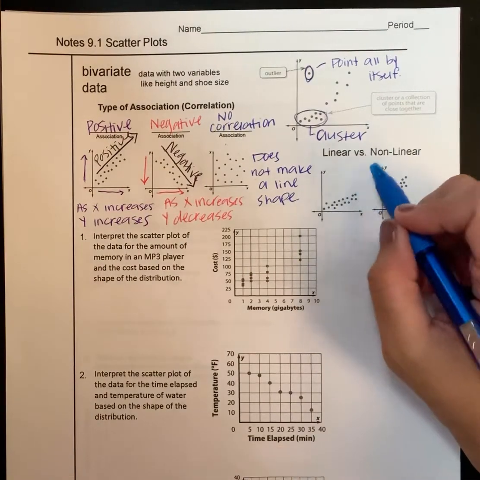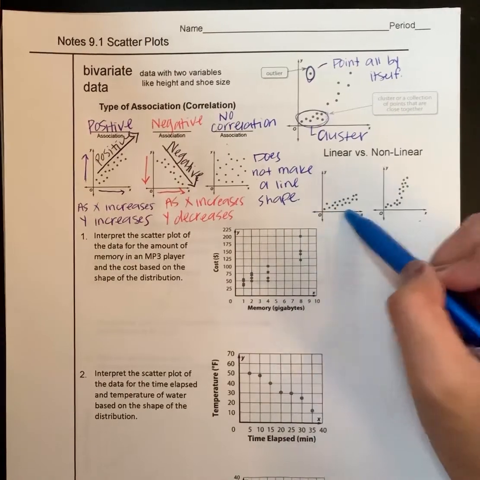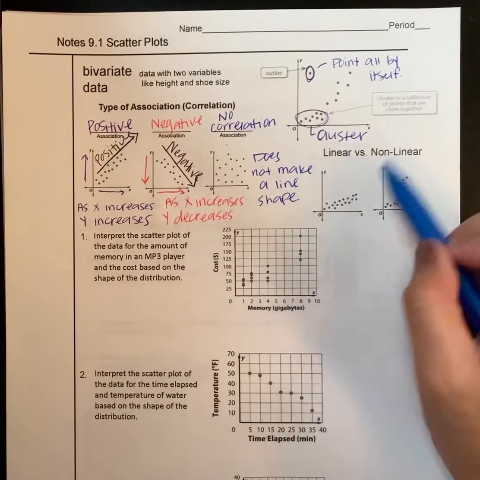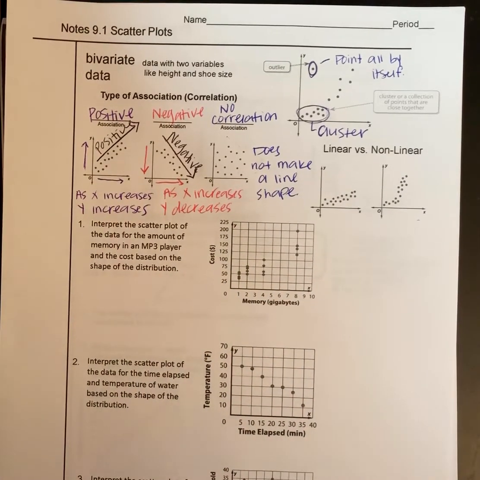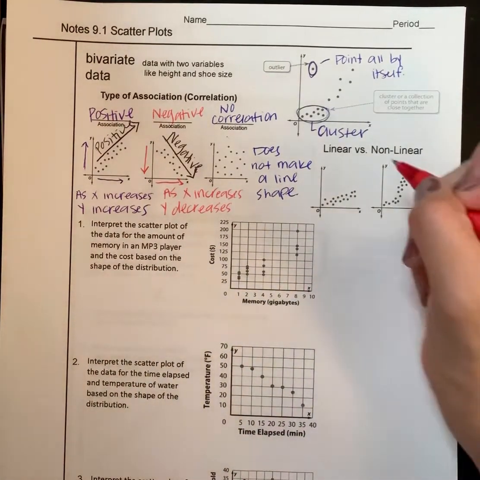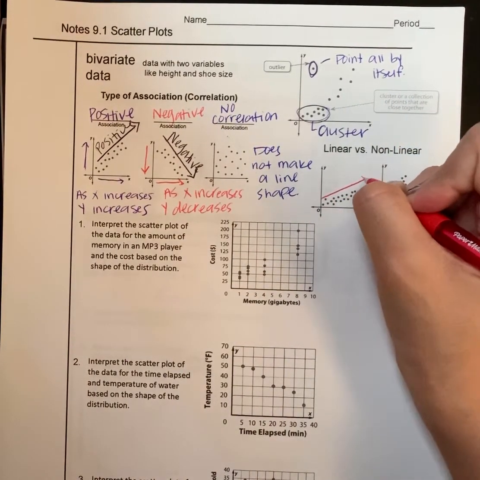Let's look at linear versus nonlinear. In this graph, we have a linear graph because we have a bunch of data points going in a straight line. If we follow this data, we can create a line going up.